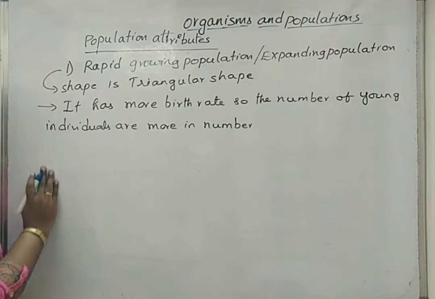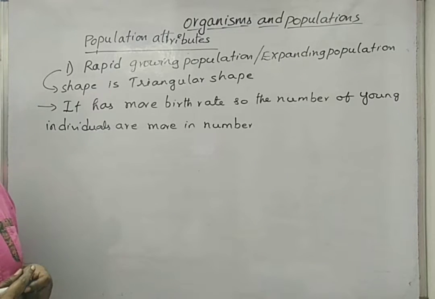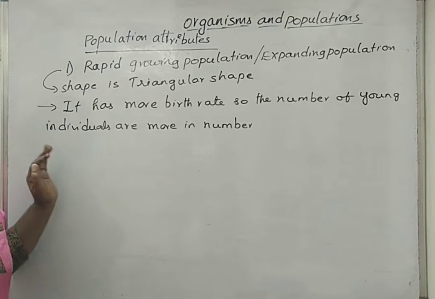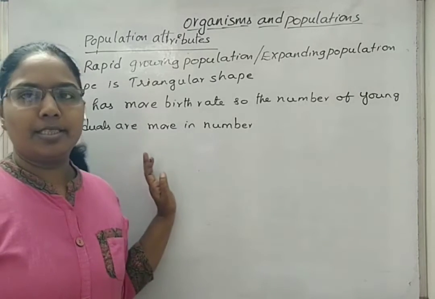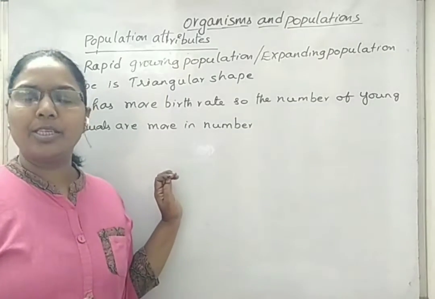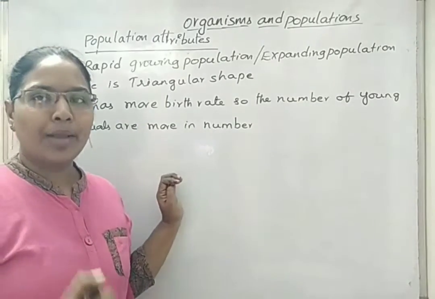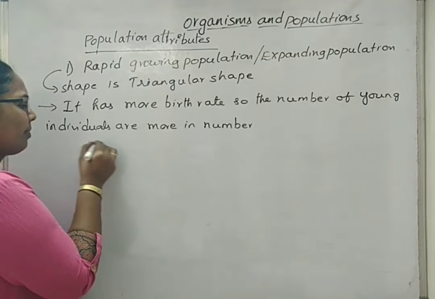According to a recent survey, there are more than 36% of the Indian population with age below 14 years. So, we can take the Indian population as the best example for expanding population.